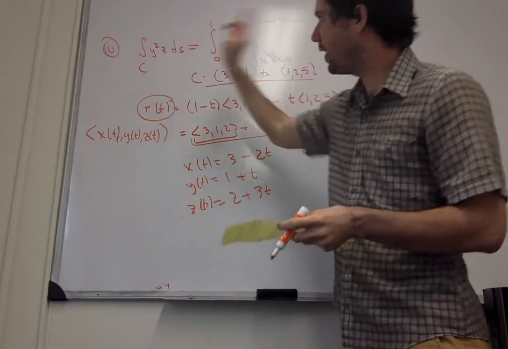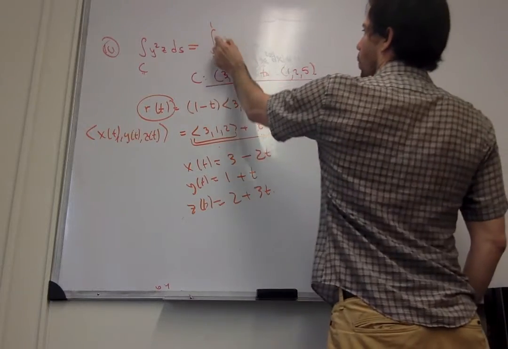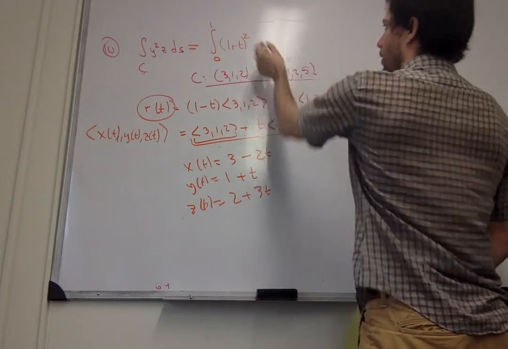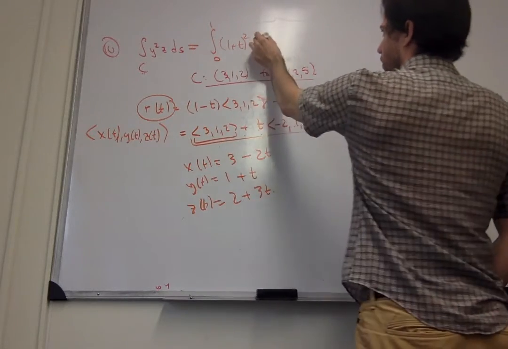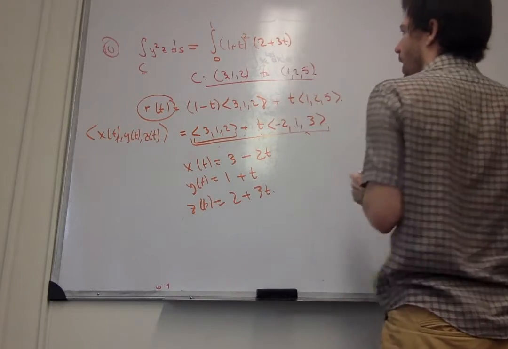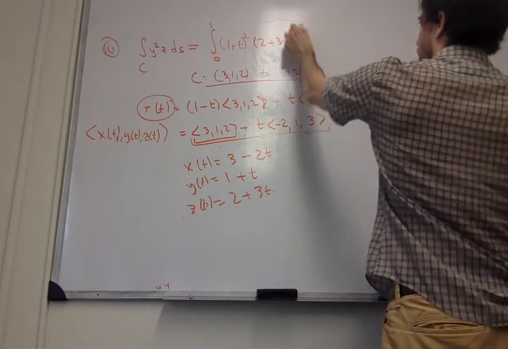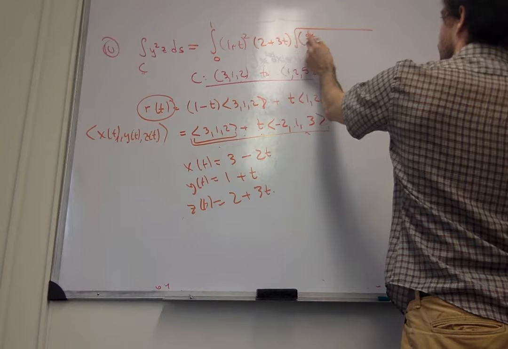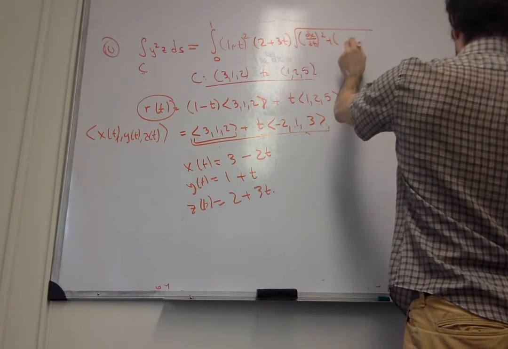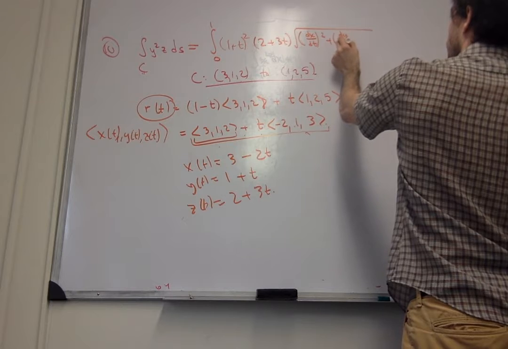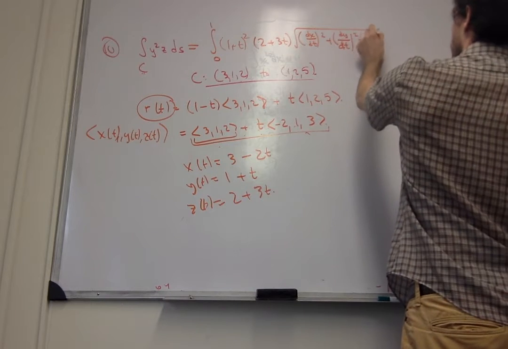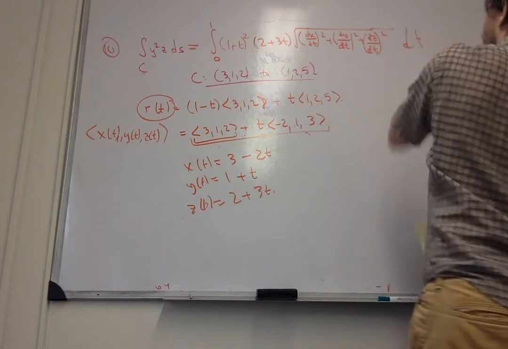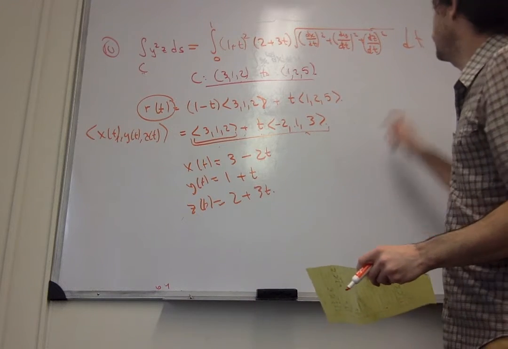Now I'm going to go up here, replace my y with 1 plus t, square it, and plug in z, which is 2 plus 3t. For the final part, I put the square root of (dx/dt) squared plus (dy/dt) squared plus (dz/dt) squared. Finally, dt.